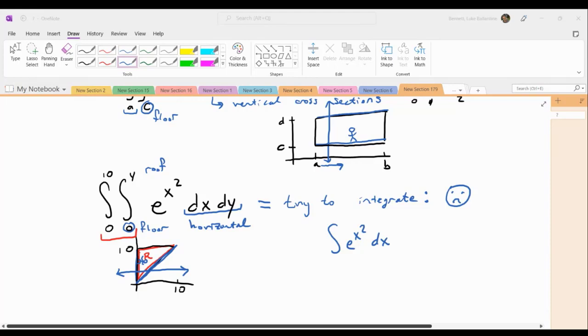I mean, there are special integrals involving this integral, but as far as finding an explicit formula for the antiderivative, we don't have one.